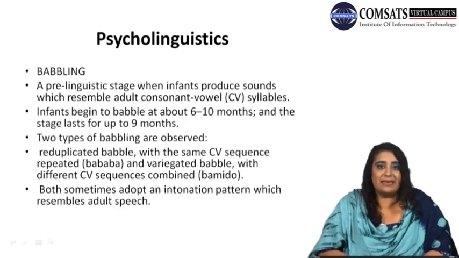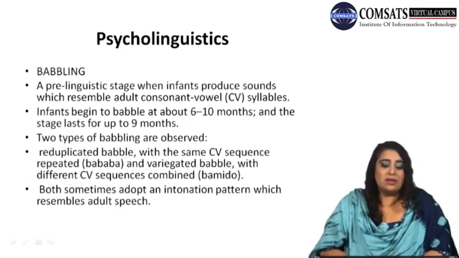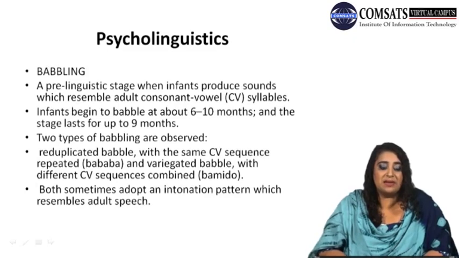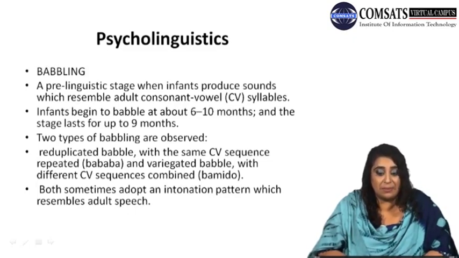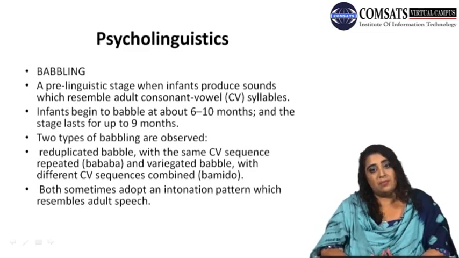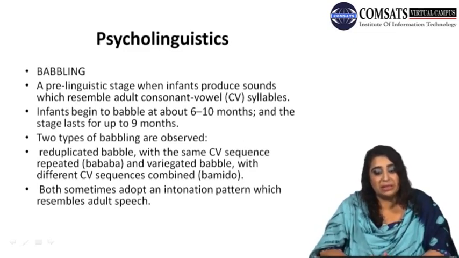So, now, when we move on and see babbling, a pre-linguistic stage when infants produce sounds which resemble adult consonant vowel syllables, the CV syllables. This is at that point when the child starts producing the sounds.